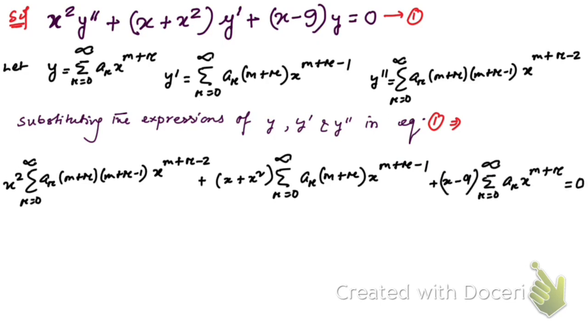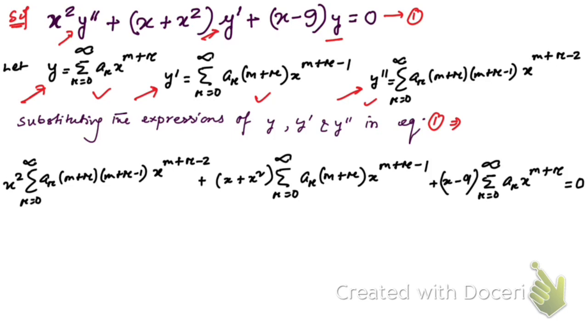So this is the equation you're going to have. Here what we have done is, y double dash is replaced by this result, y dash is replaced by this result, and y is replaced by this result. Hope you have understood this now.